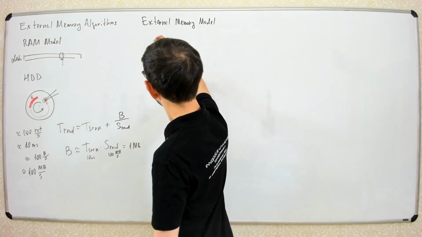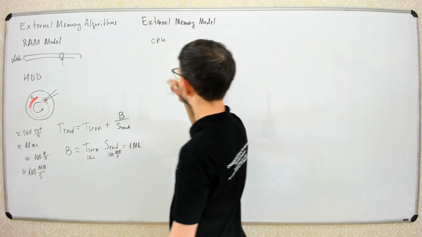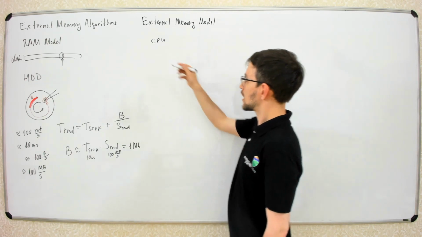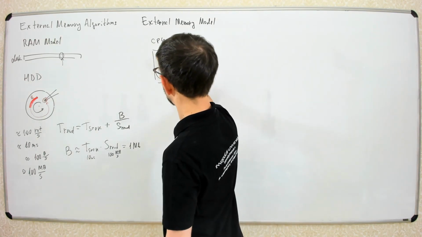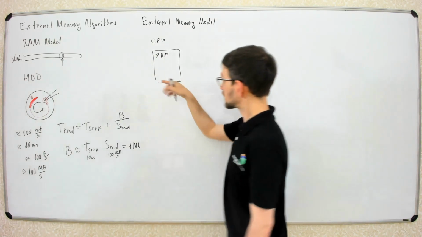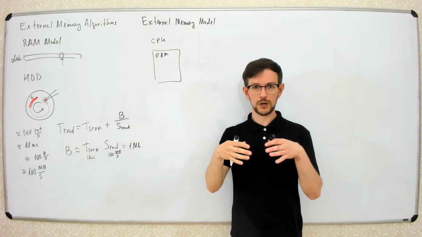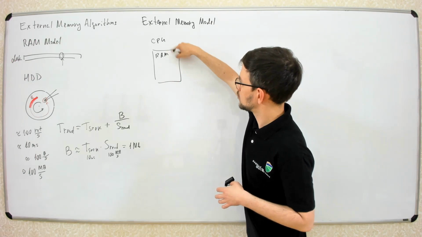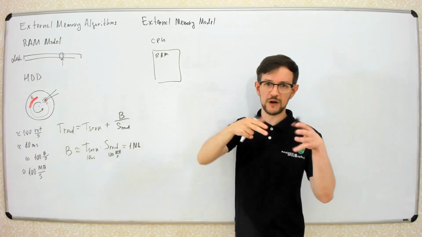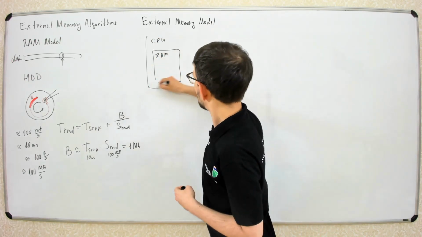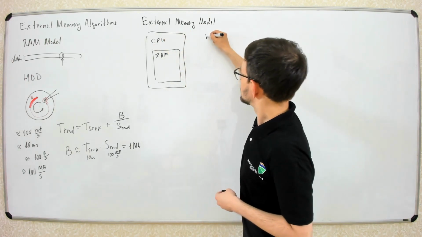You have your CPU, this is your processor, and you have some local RAM. So you have some local memory you can access in a fast way. Inside the CPU you actually have a RAM model. And you have your hard disk.